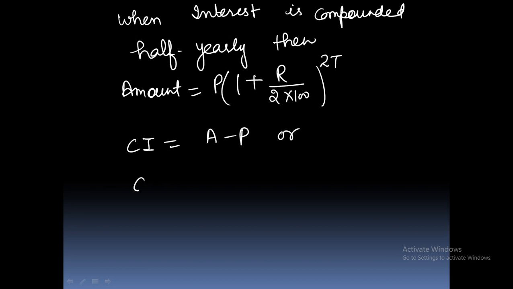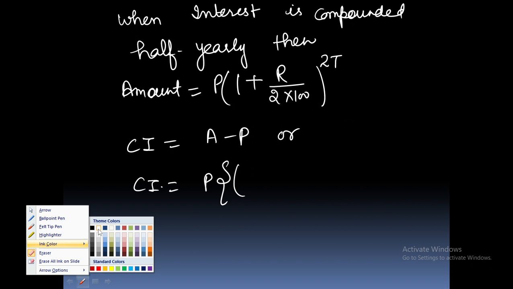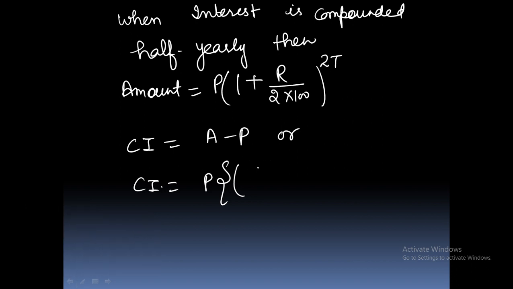Or you can use the direct formula for compound interest calculation: P curly braces start, round bracket start, one plus r over 2 multiply 100, power 2t, minus 1, curly braces close.